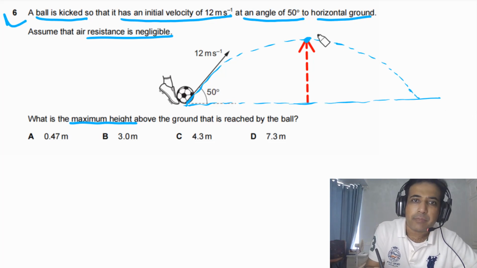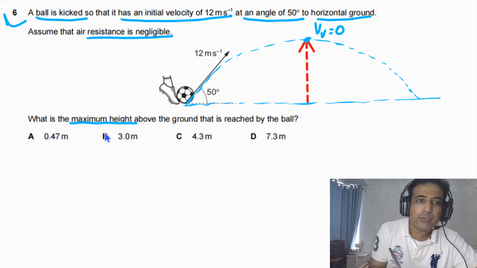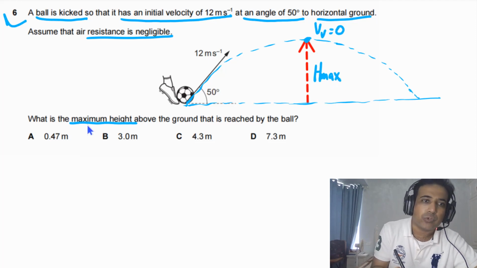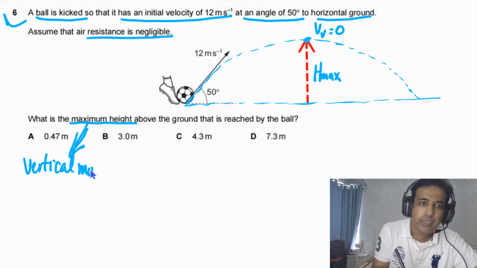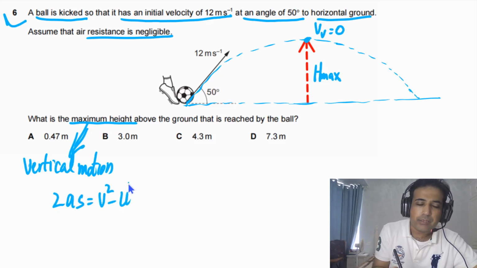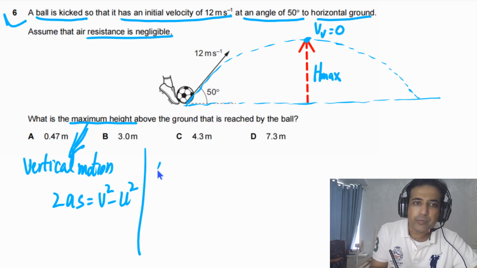When the ball is at maximum height, the vertical component of velocity will be equal to 0. We need to find maximum height, so in this case we can consider vertical motion only. Acceleration is constant, so we can simply use 2as is equal to v squared minus u squared. We need to find out s.